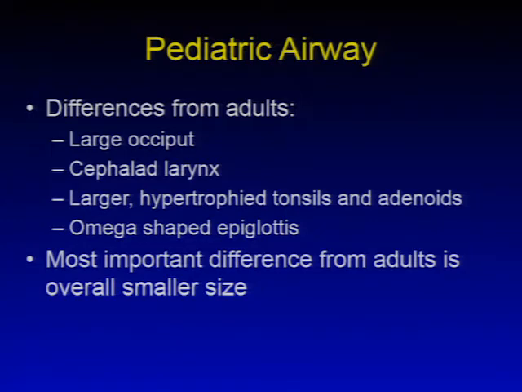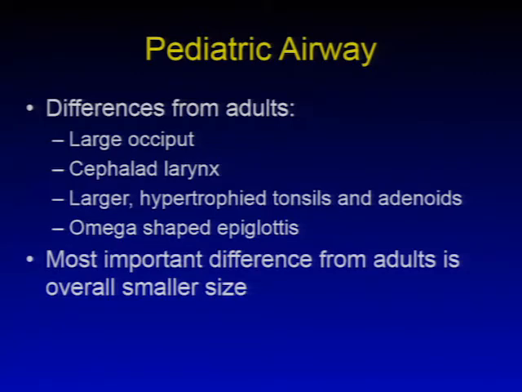Start off with the pediatric airway. There are some major differences from adults and some unique characteristics that make approaching the pediatric airway different in some ways. Number one, children have a large occiput, at least in the infants, compared to the adult. Many times this can force the head into flexion, and this potentially causes upper airway obstruction and can make it difficult for optimal positioning during the direct laryngoscopy.